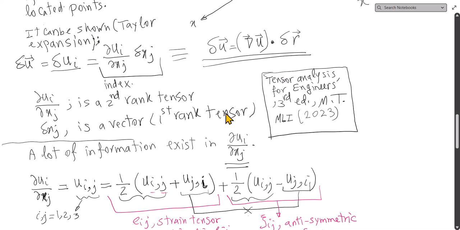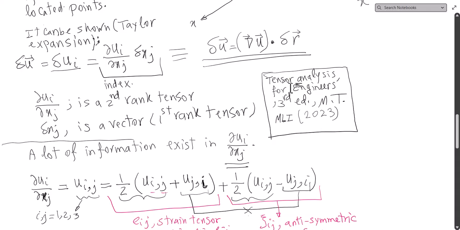For those of you in the audience who are more interested in index notation and the gradient of a vector, which is different from the gradient of a scalar, you can refer to my published book, Tensor Analysis for Engineers, third edition, published in 2023, or any other book on tensor analysis.